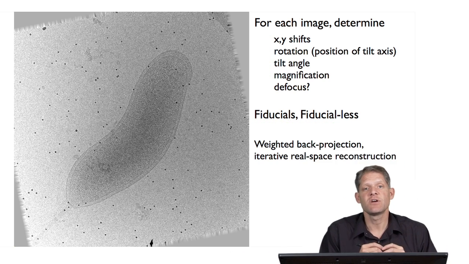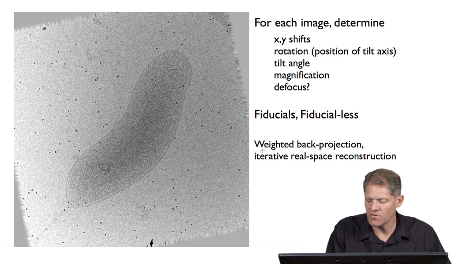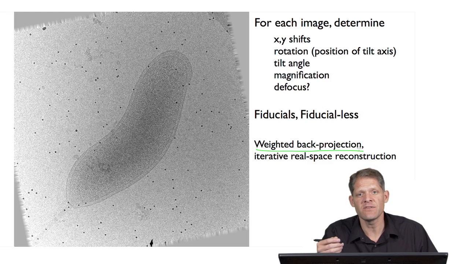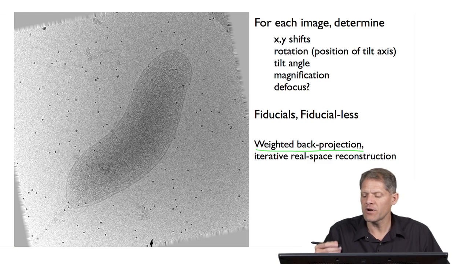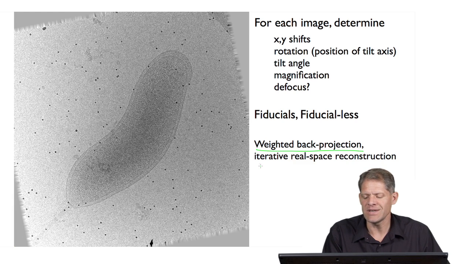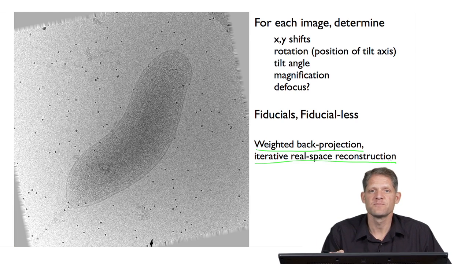Now once the images are aligned, the three-dimensional reconstruction can either be done using a weighted back projection, which is done in reciprocal space, as I explained previously, or there are also real space algorithms, for instance an iterative real space reconstruction, that can also be used.